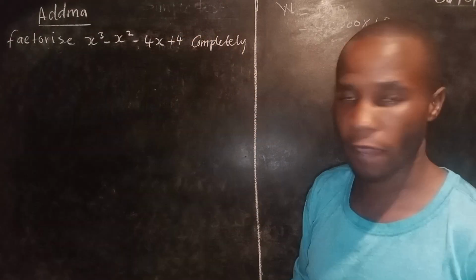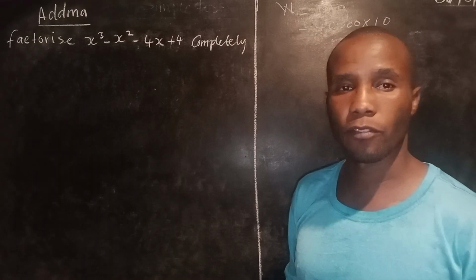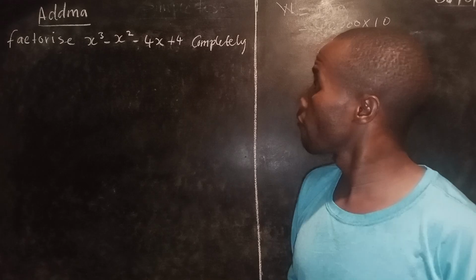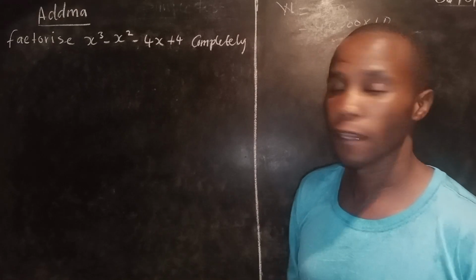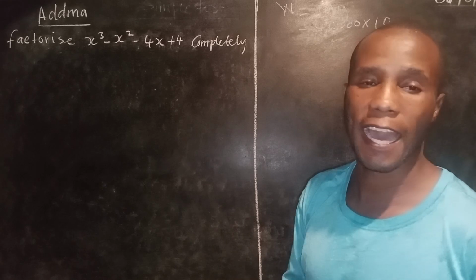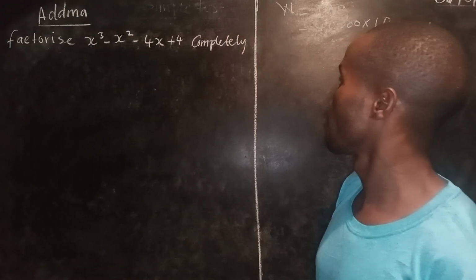This is different from those factorizations that we have been doing in O-level mathematics, which is syllabus D, but this is Addma. This is how they phrase questions under factorization, mostly in additional mathematics.